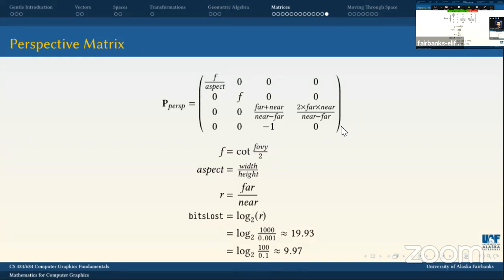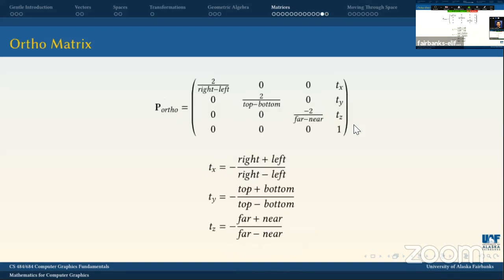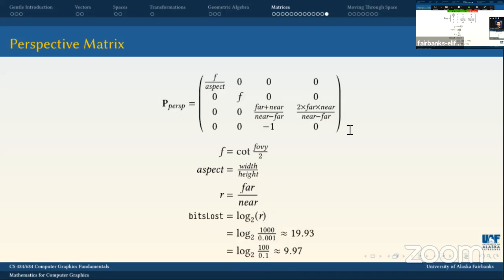And then 0 times w is 0. So we basically are copying the z coordinate into the w coordinate. That's the purpose. This one doesn't do that. If you notice, we preserve the w coordinate on the ortho view. But on the perspective one, we are copying the z coordinate into w because we're going to do this perspective division.